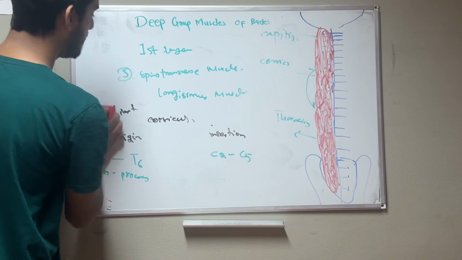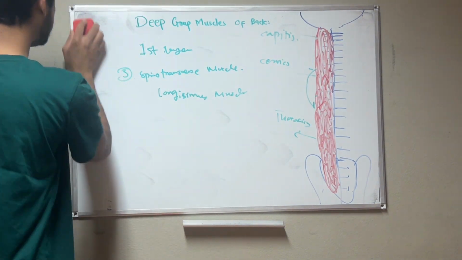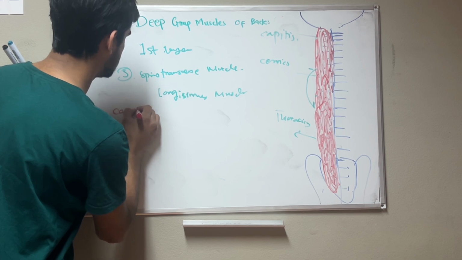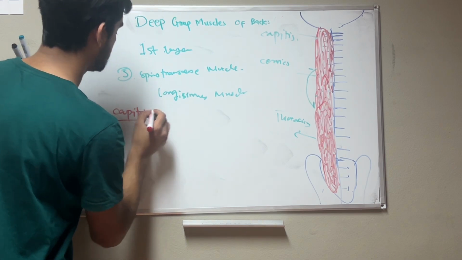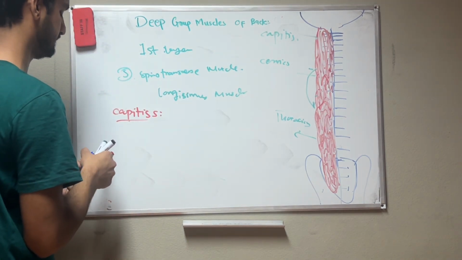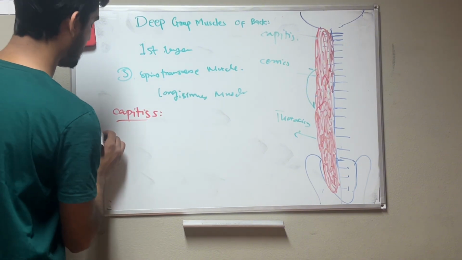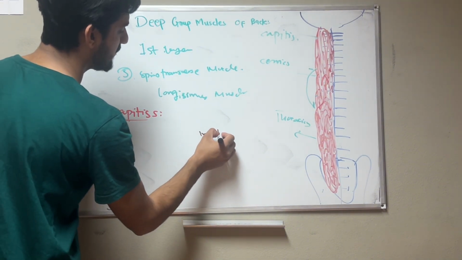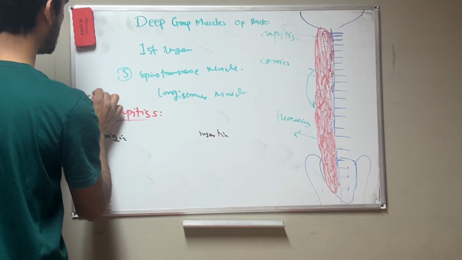Now we have the third part. Third part we have capitis, origin and insertion. Also remember this is the third part of the longissimus muscle.